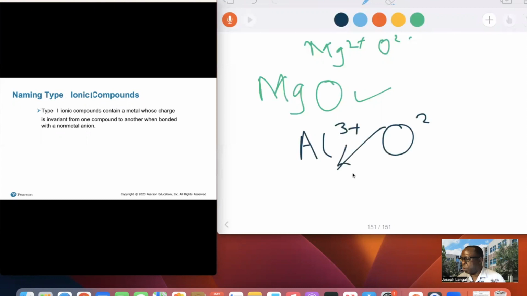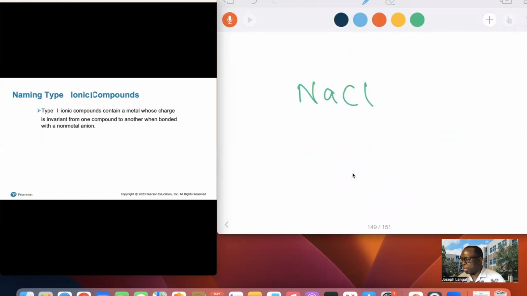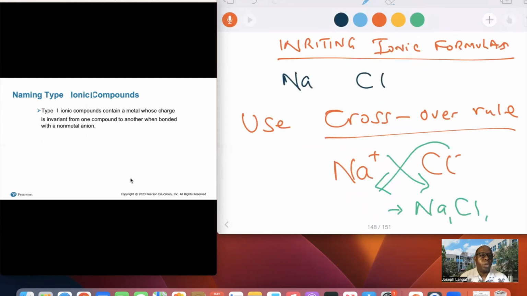This will be Al2O3 like that. I'm using here the crossover rule. Here is the crossover rule in writing the correct formula for type 1.